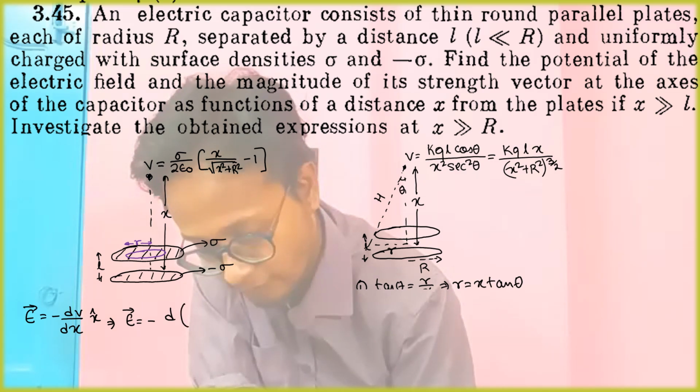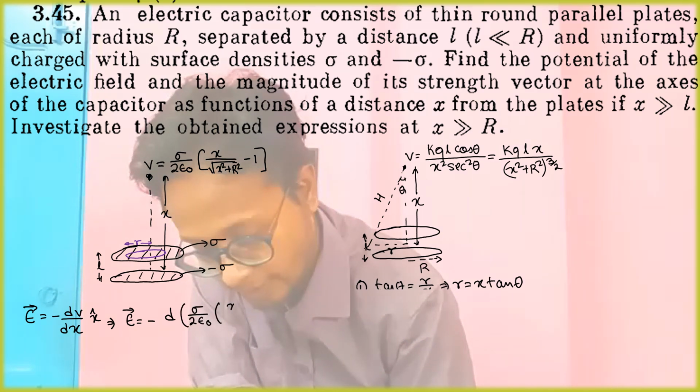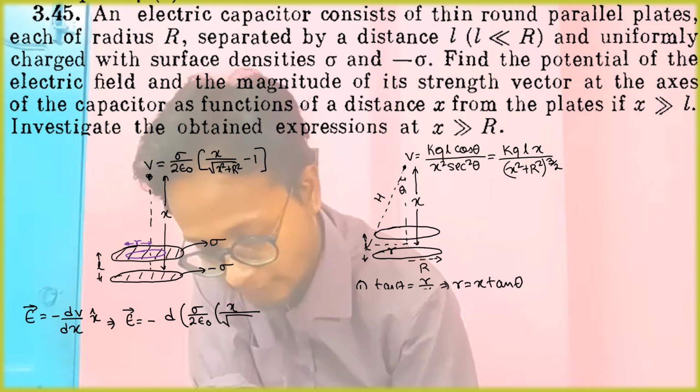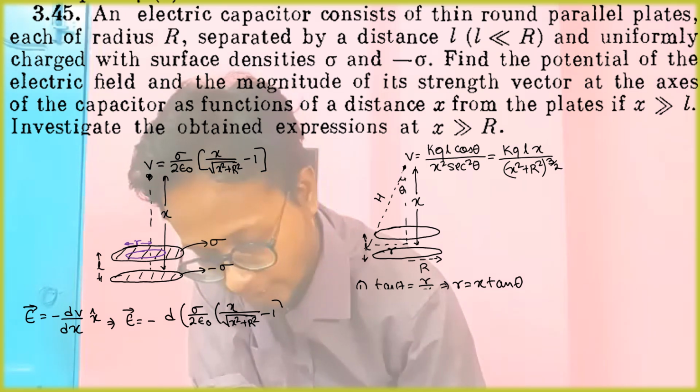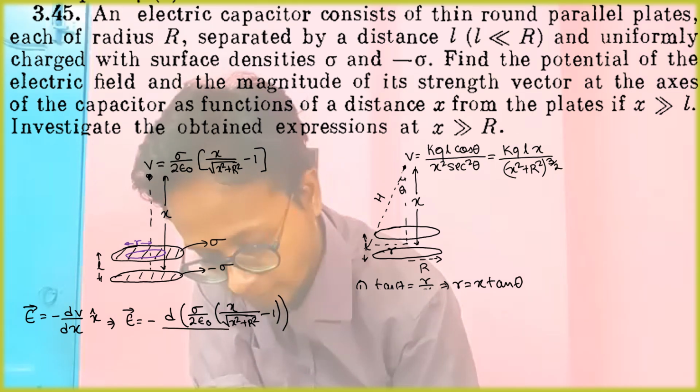So the electric field is equal to minus d. What is the value of V? Sigma by 2 epsilon naught into x by under root of x square plus r square, minus 1, with respect to dx.